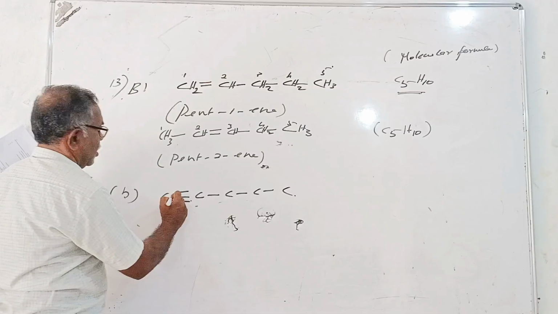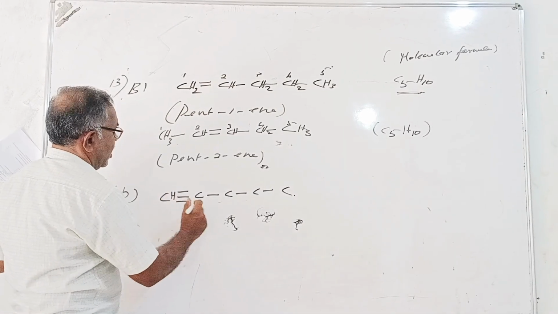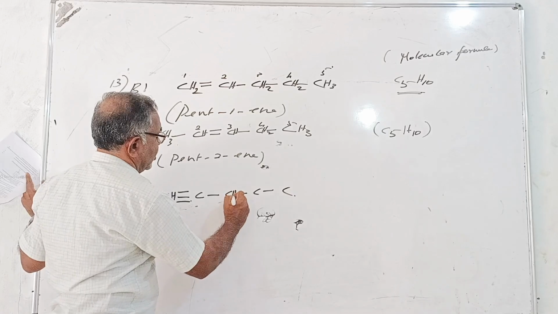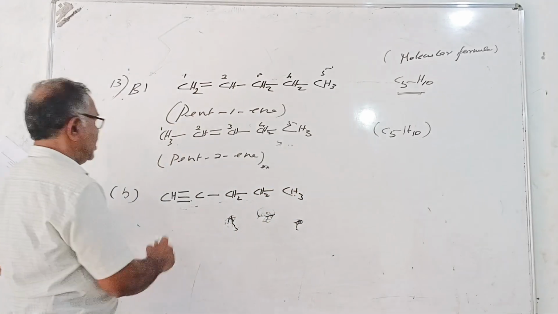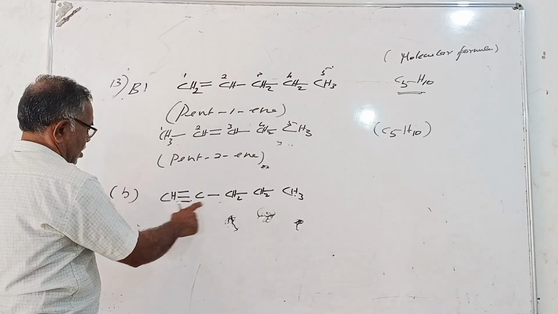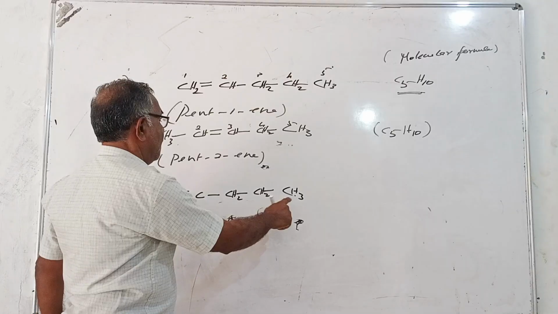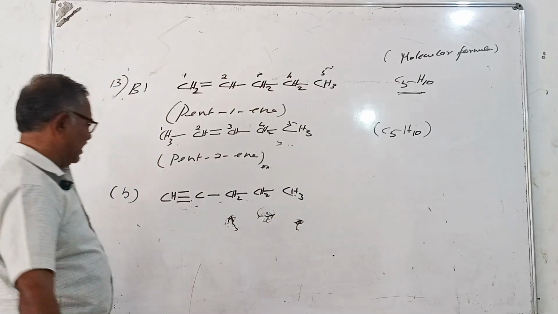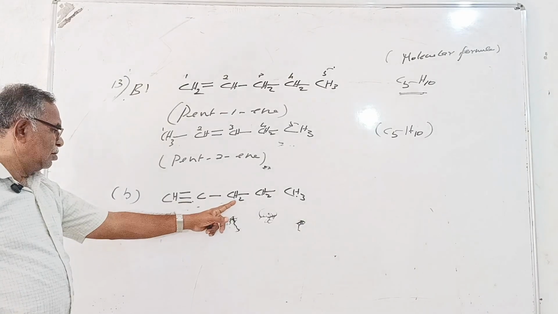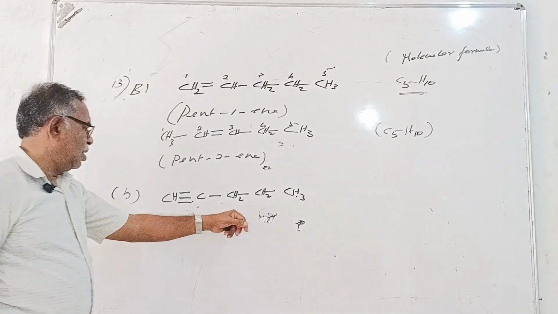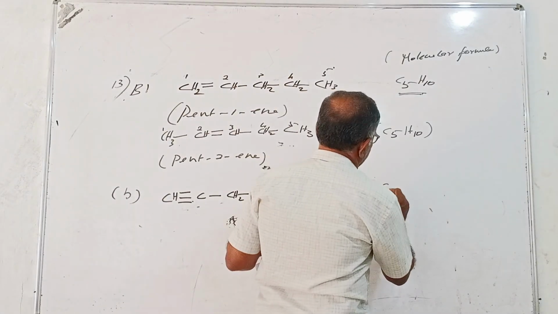Here 1 hydrogen, and here no hydrogen for this. Here H2, also H2, and here H3. So total C5, hydrogen 1, 3, 5, 8. So C5H8.